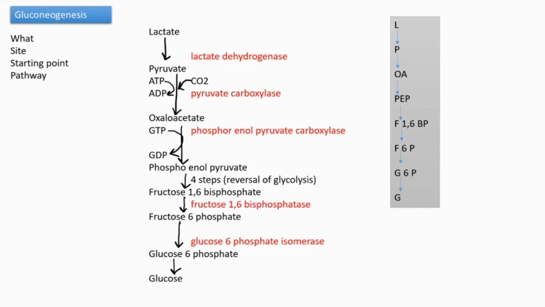Okay. Where is the main site? Site is liver. And which are the starting substrates? Pyruvate, lactate, propionate, glucogenic amino acids, any of the Krebs cycle intermediates.